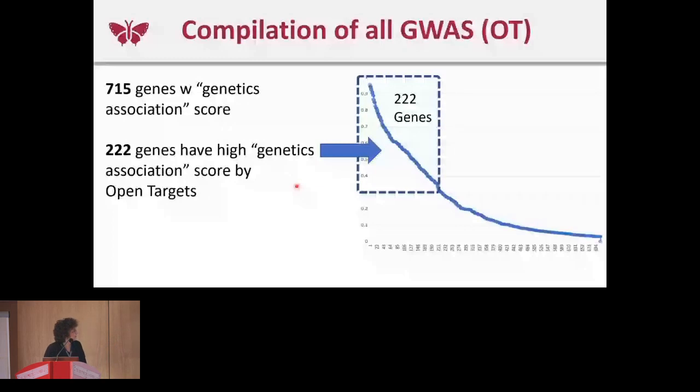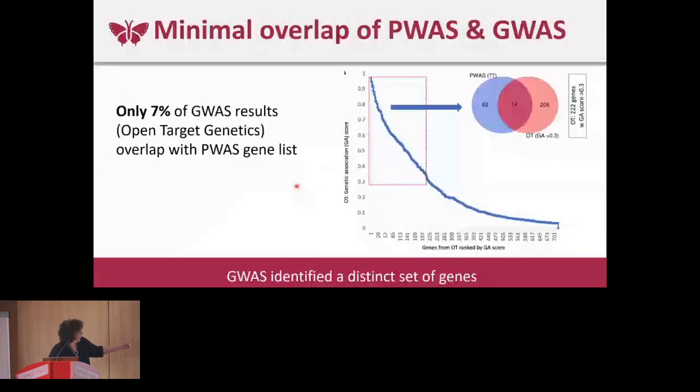And when we did this, we saw, as you can see in the Venn diagram, that the overlap between our result and the GWAS result is really embarrassingly low. So what's going on? Why is it so low? The reason is that GWAS identified a completely distinct set of genes.